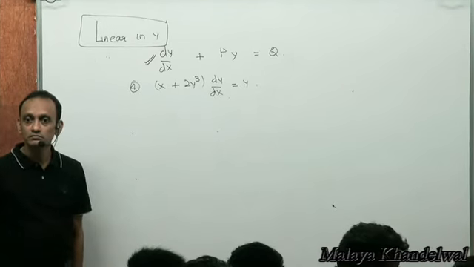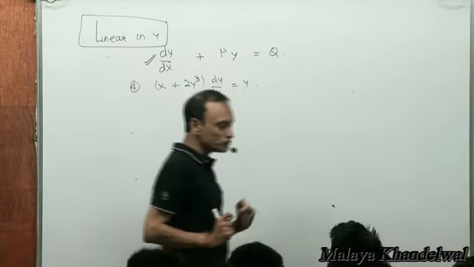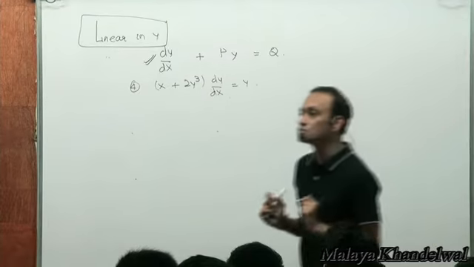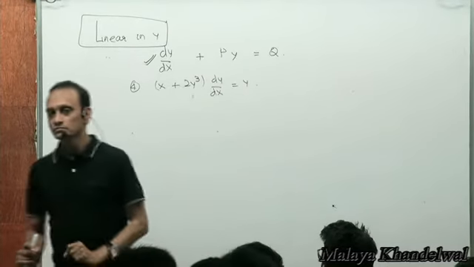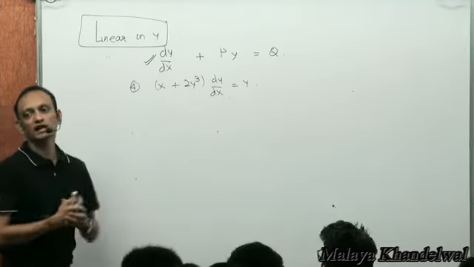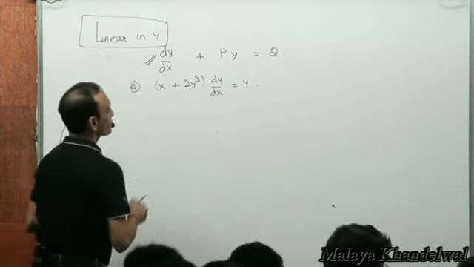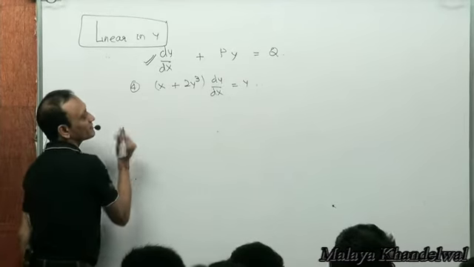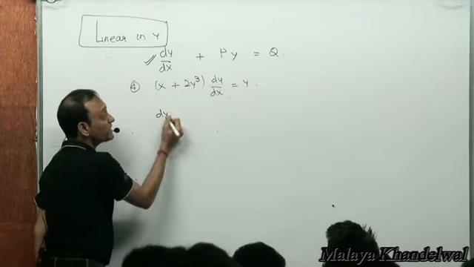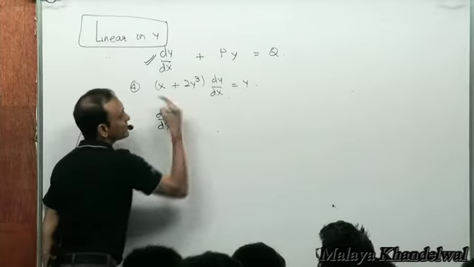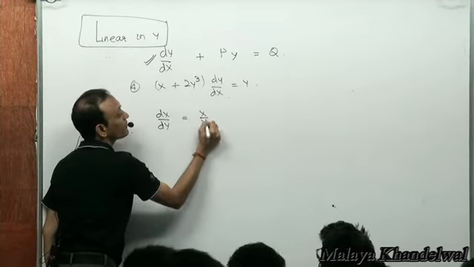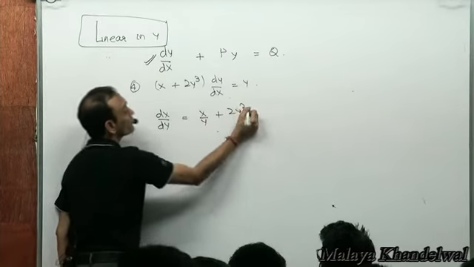Cannot. But if you keep your eyes and ears open, look at it with love and affection. This will be dx/dy equal to x by y plus 2y squared. So far so good?